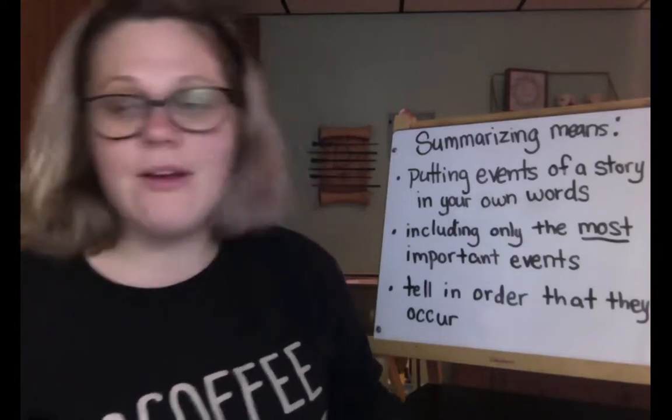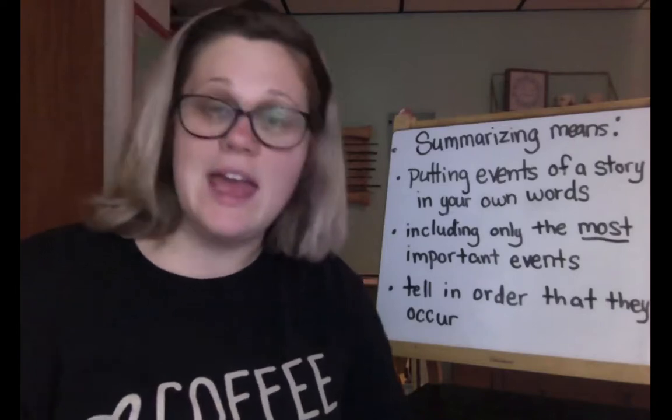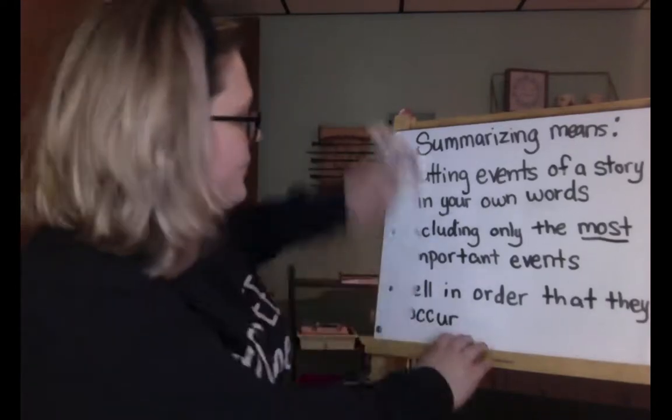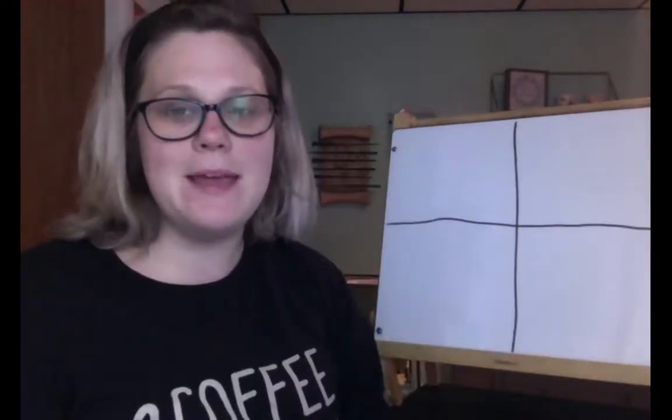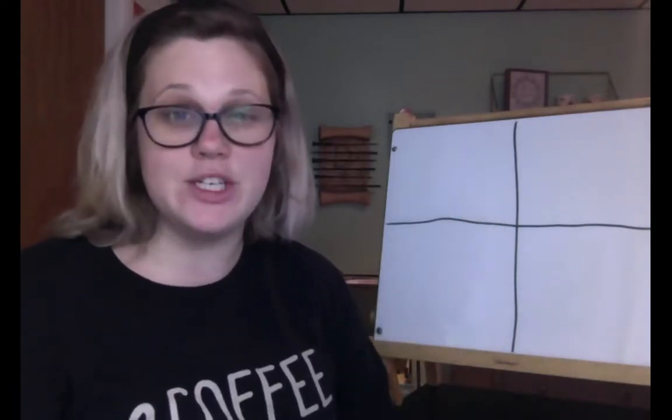I want to show you a very quick method of taking notes that can help you write a summary at the end of your story. We're going to start by splitting our paper or our note catcher or whatever we're using into 4 sections.